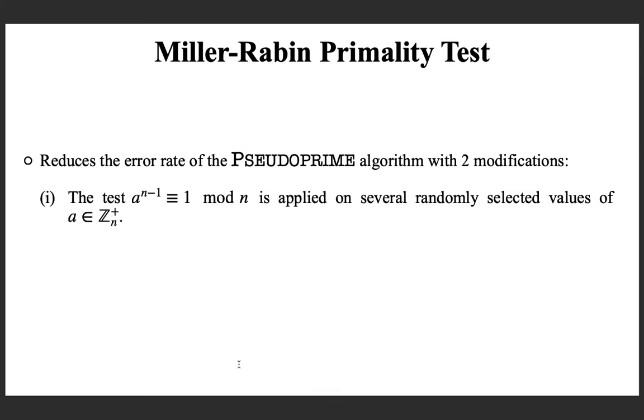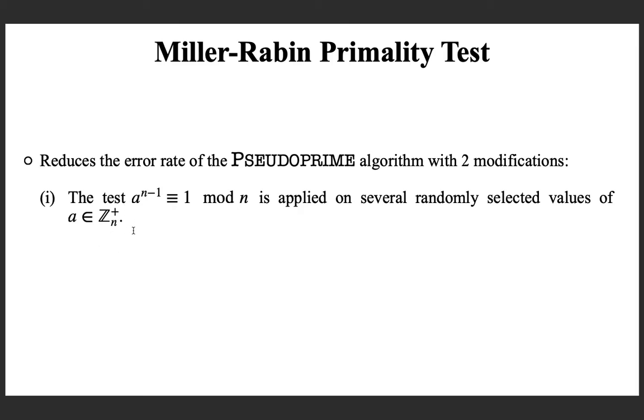And it does two modifications. This is the test that we are applying, and if you can find an A such that this is not satisfied, A raised to n minus 1 is not congruent to 1 mod n, you can declare that it is composite. So the first modification is that they do it for a number of elements in this set, not just for 2.